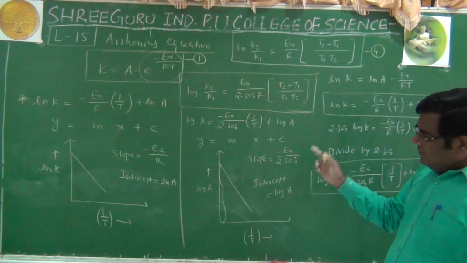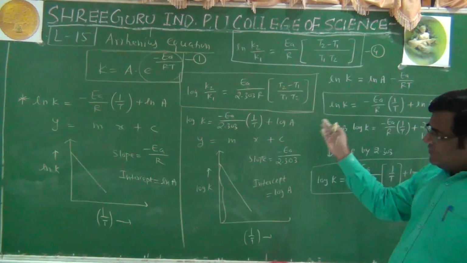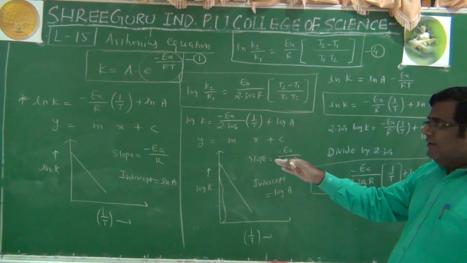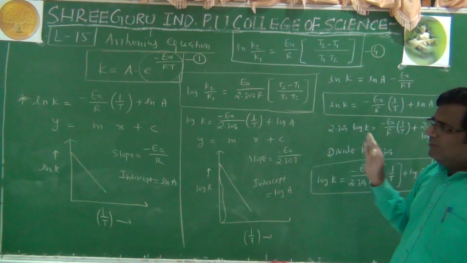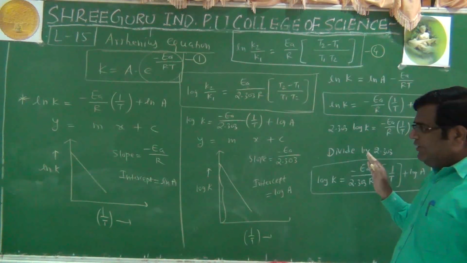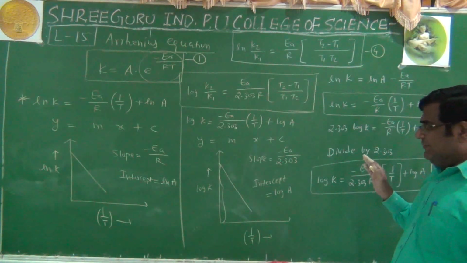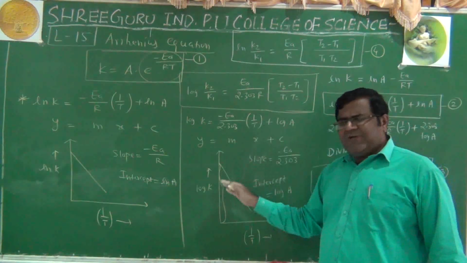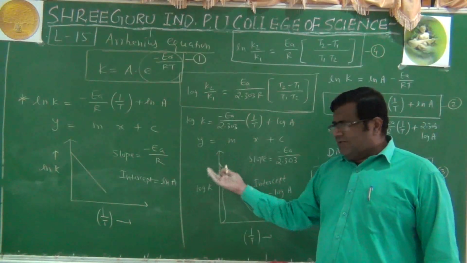So of these 5 equations, 2 are straight line equations, and their graphical representation is also equally important. You have to practice them. The derivation, we cannot say derivation, it is just rearrangement.